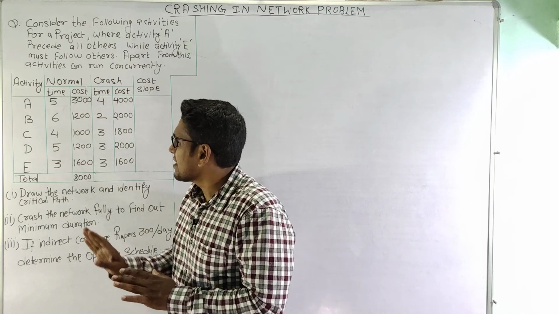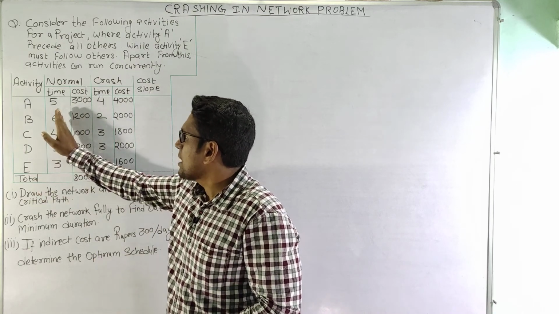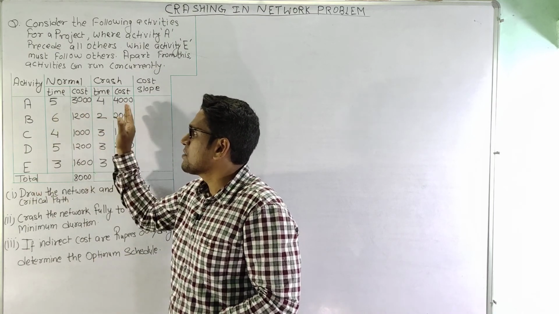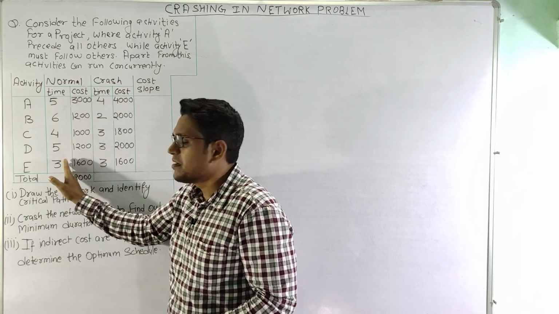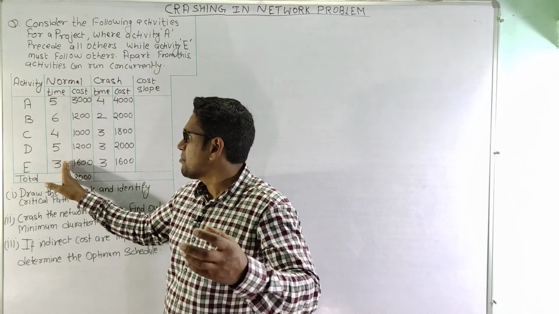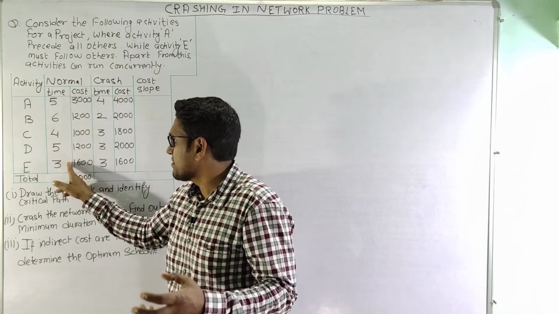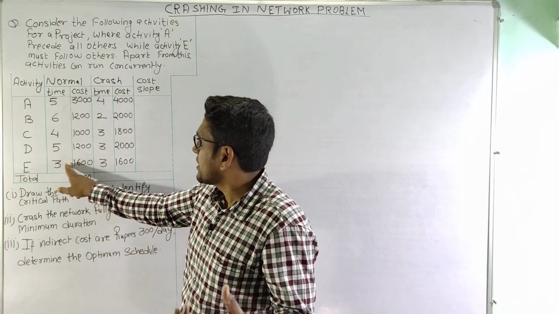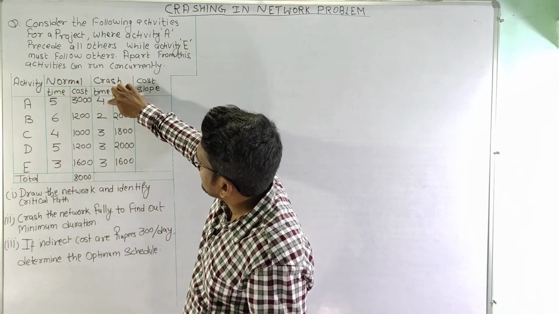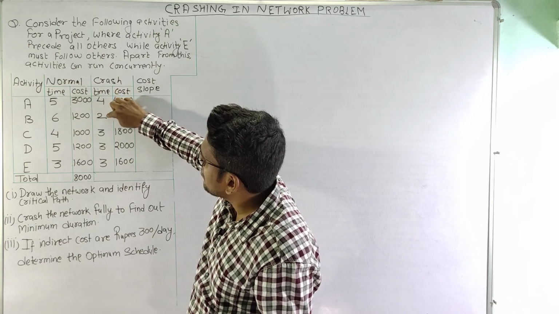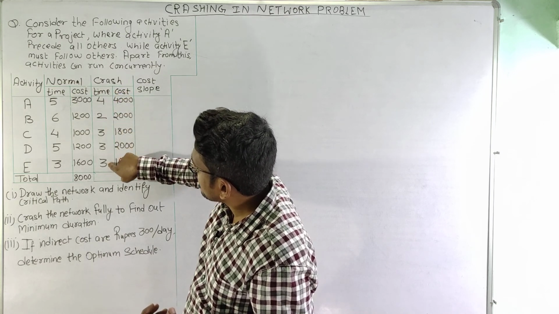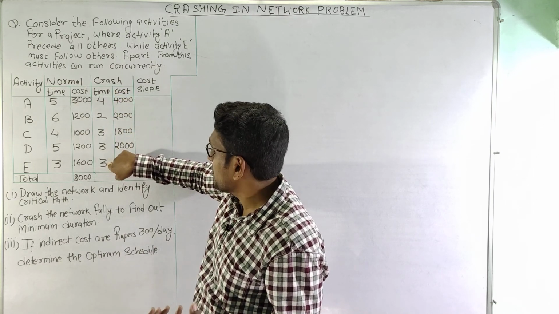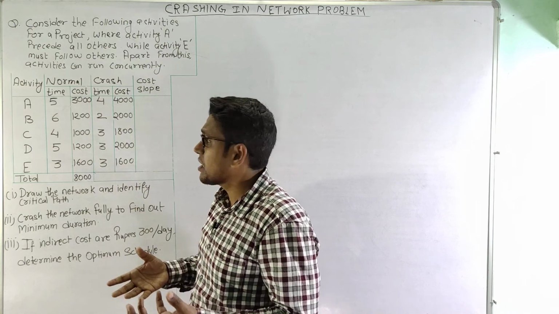So we can see here in our problem we have two types of time and two types of cost. First is the normal time, where an activity can be completed under normal circumstances, whereas crash time means an activity needs at least this much amount of time to be completed.